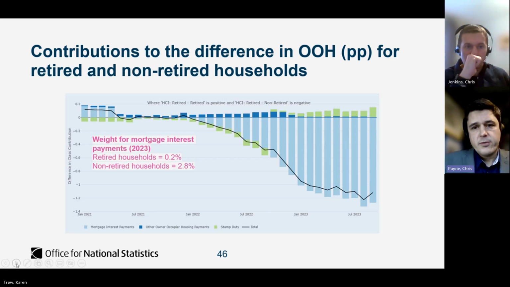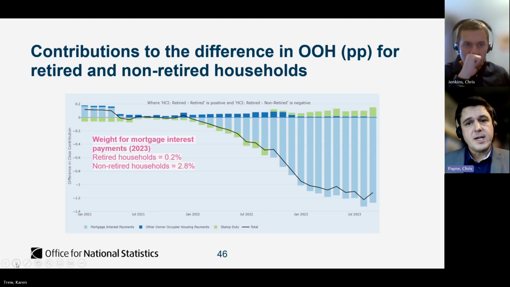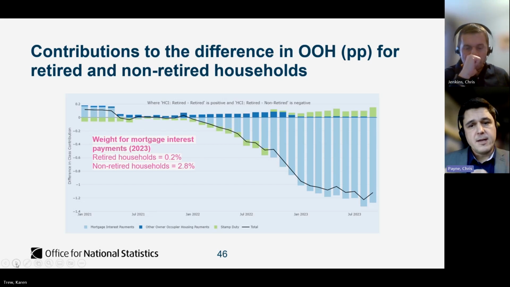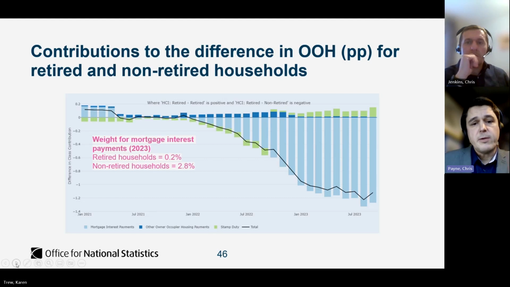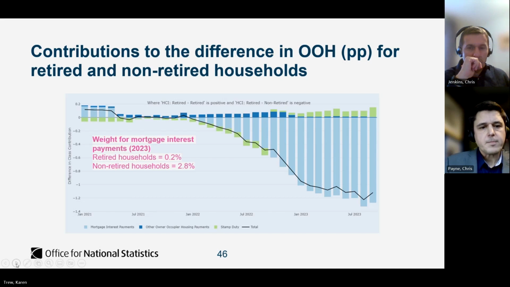A lot of non-retired households will be paying off a mortgage, as opposed to retired households who will tend to have paid off a mortgage, so non-retired households have a much bigger weight for mortgage interest payments. The increases we've seen in the base rate, and in the mortgage rates subsequently offered, have had an increasing contribution to the difference for non-retired households, and that's offset the reducing contributions we've seen from energy payments.